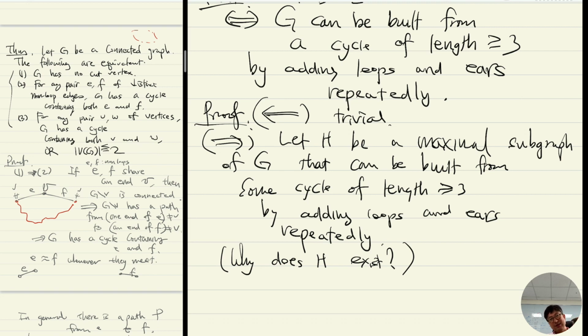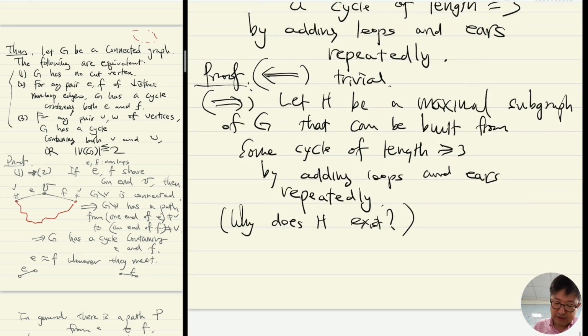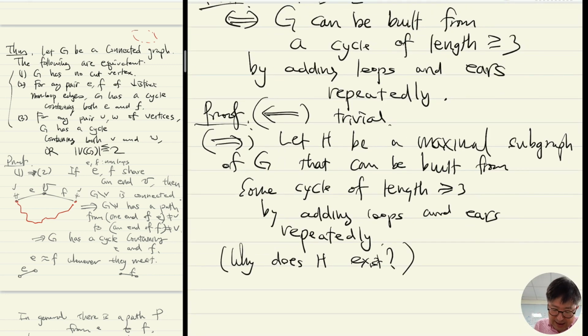So H must exist. Then among all possible H's, I choose the maximum one. And since there are only finitely many subgraphs, you must be able to find a maximal subgraph with that property. So I didn't write the reason why such a thing exists.